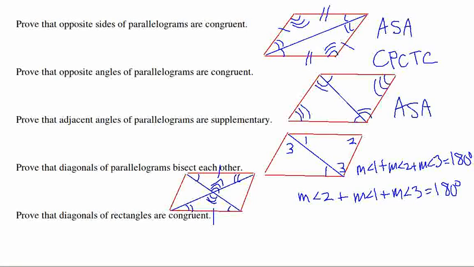Now we've got a situation where we have two triangles that we can prove are congruent. The two triangles I'm thinking about are the top one, I'll color it in purple, and the bottom one, I'll color that one in purple. And why do we know that those two triangles are congruent? From ASA.